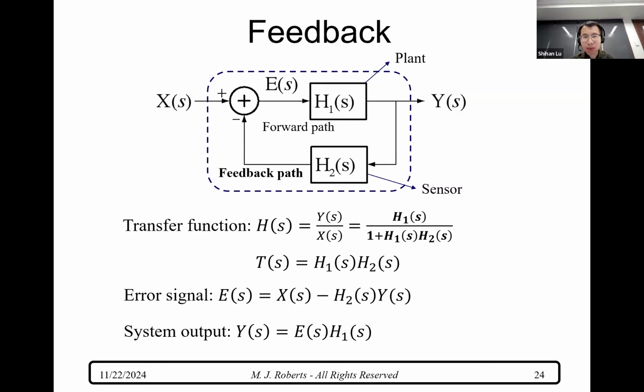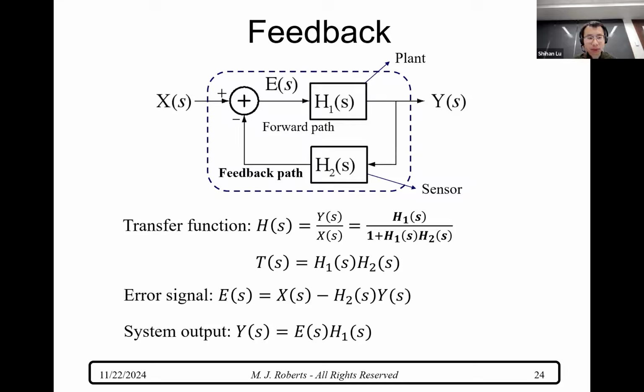So this is a typical block diagram for the closed loop feedback control. We directly use a transfer function H1 of s to realize the forward pass of the system from the input to the output.